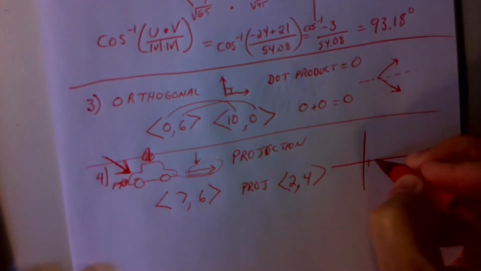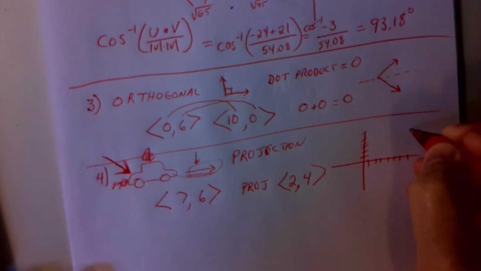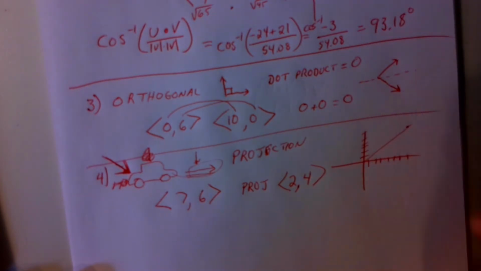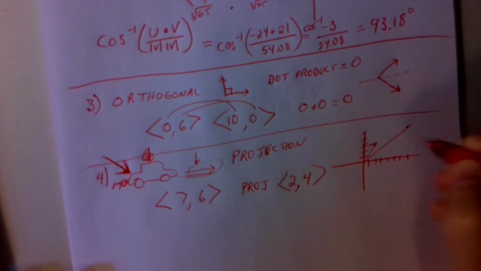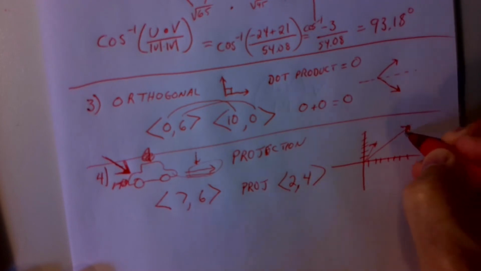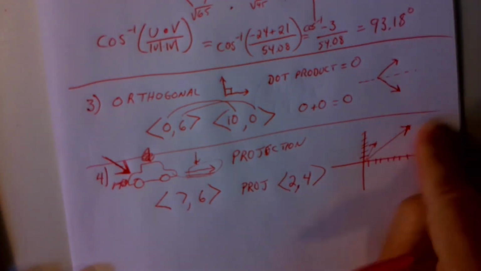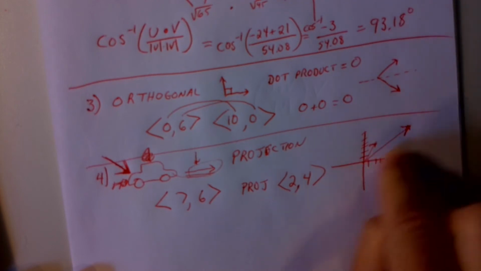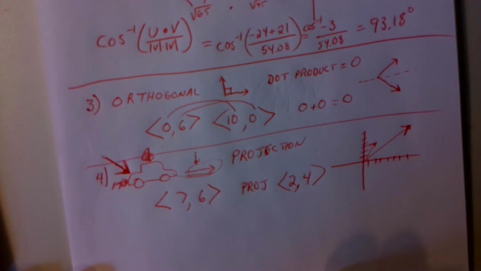So a 7, 6, 1, 2, 3, 4, 5, 6, 7, 1, 2, 3, 4, 5, 6. 7, 6 is this big thing here, and 2, 4 is this one right about here. And I want to know out of this big long thing here, if I was pushing in that direction, how much of it actually ends up going in that way.